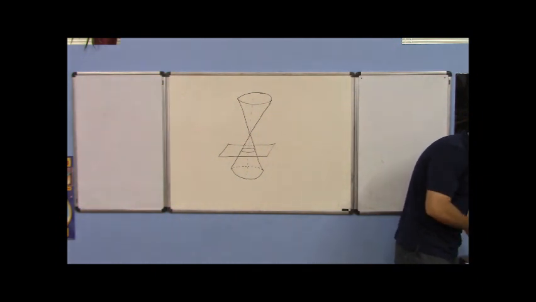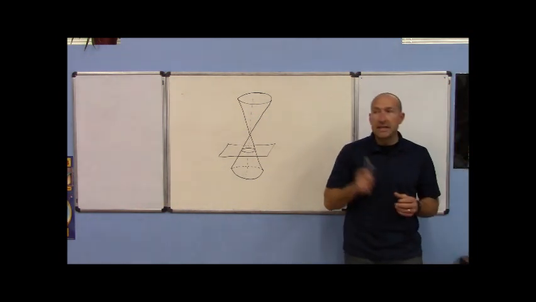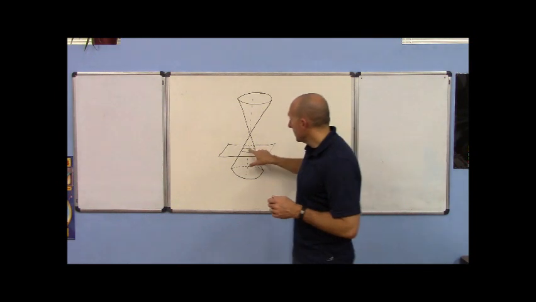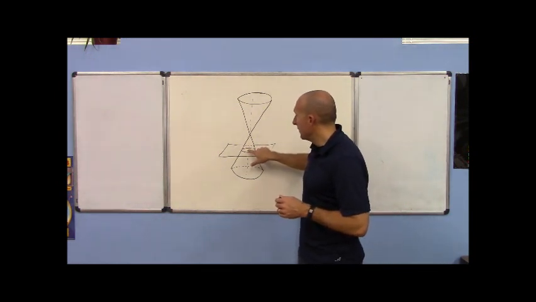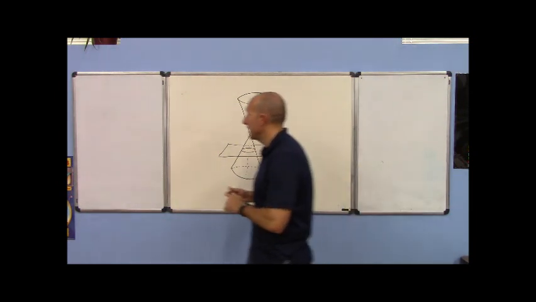Now, what's interesting about that is there is an equation that we can write if we are given the actual coordinate point of that circle. Okay, so now we're talking graphing.